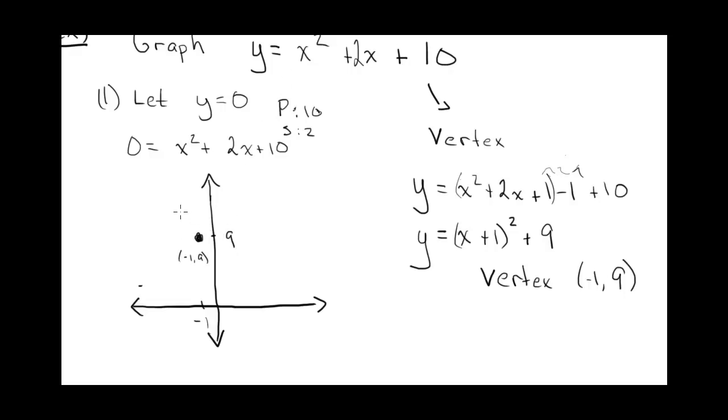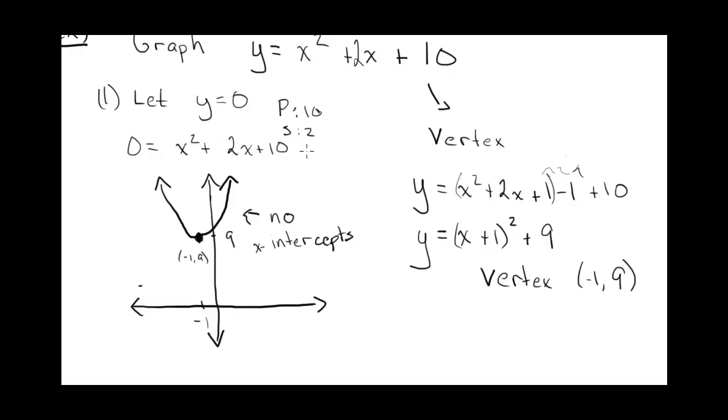It's opening up because the a value, the number in front of x squared, is positive, meaning it opens up. Well, this has no x-intercepts, right? The x-axis is down here. It's never going to cross. No x-intercepts.